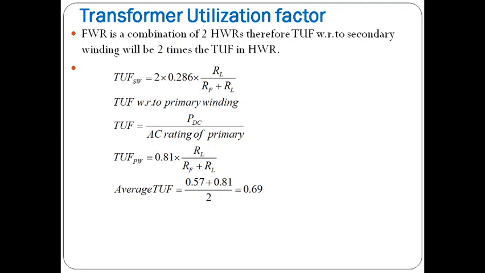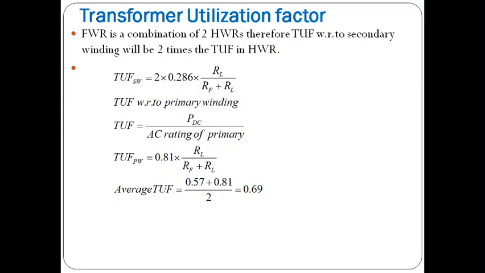For the TUF of the primary winding, it is 0.81 into RL by (RF plus RL). Here SW equals secondary winding, PW equals primary winding. So the average TUF can be calculated. This may be helpful in your numericals. The transformer utilization factor is generally calculated for the secondary winding only.